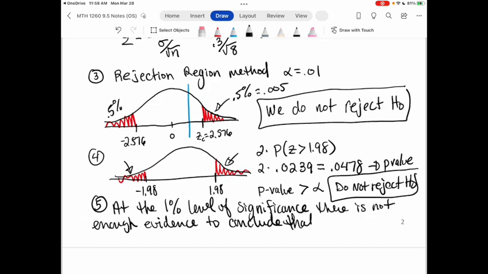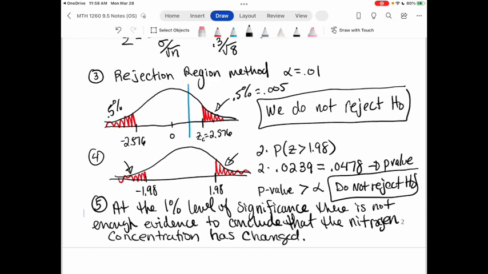Now this is where we're going to take the information from the problem to finish writing the sentence. That the nitrogen concentration has changed.